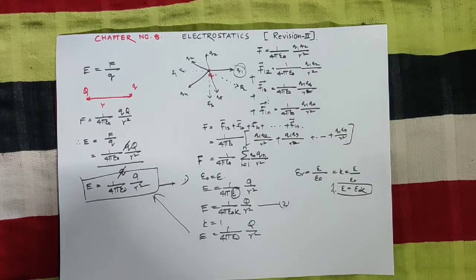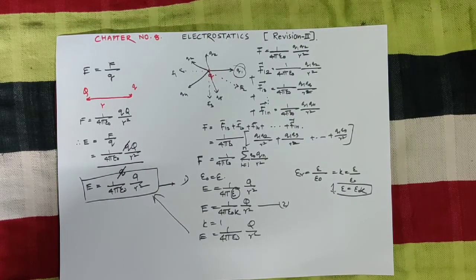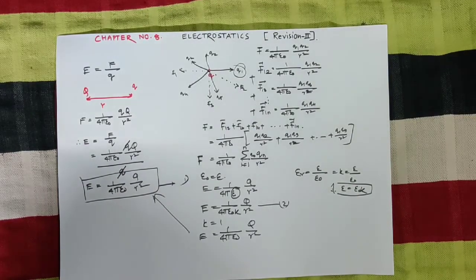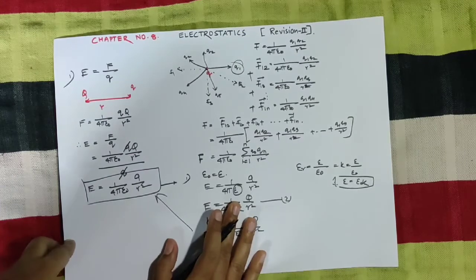The next case is the second definition of electric field, in terms of potential difference and the distance between two charged plates, given by E is equal to V upon d. This is the second definition of electric field.